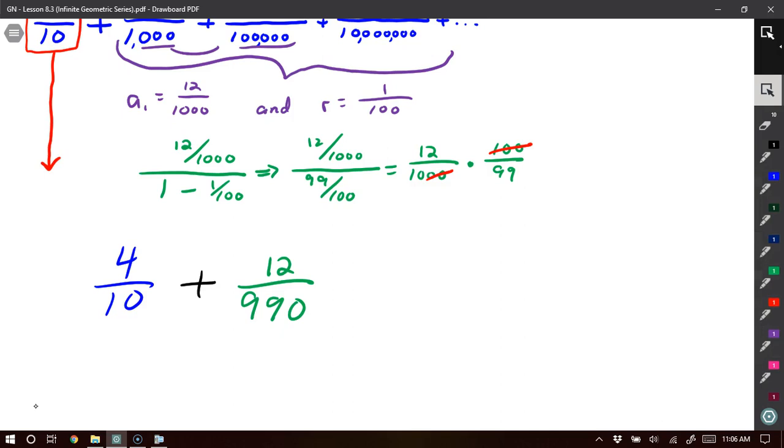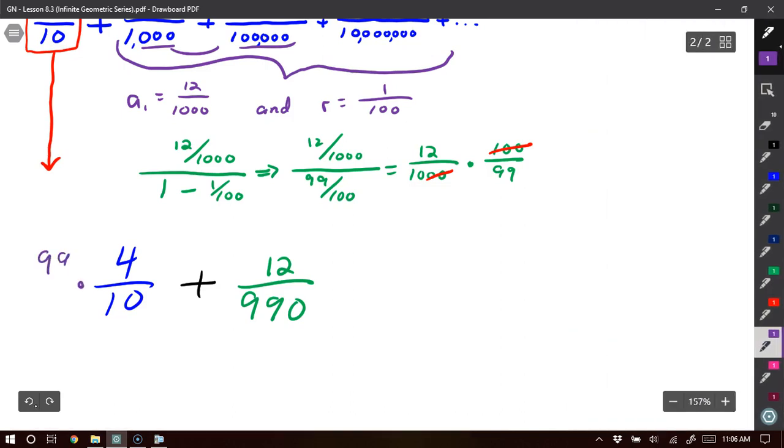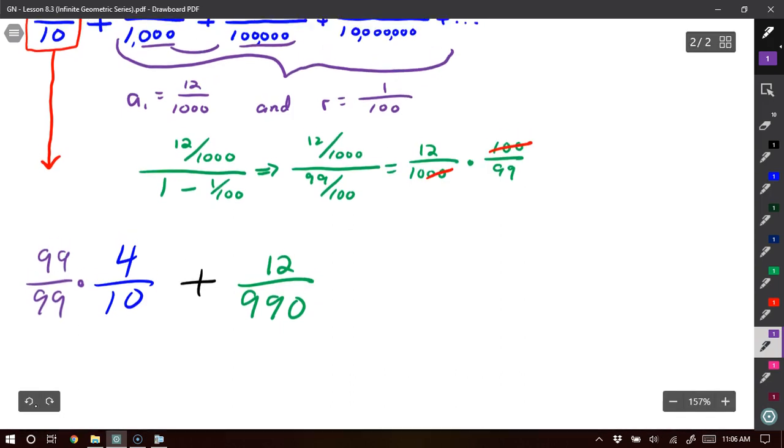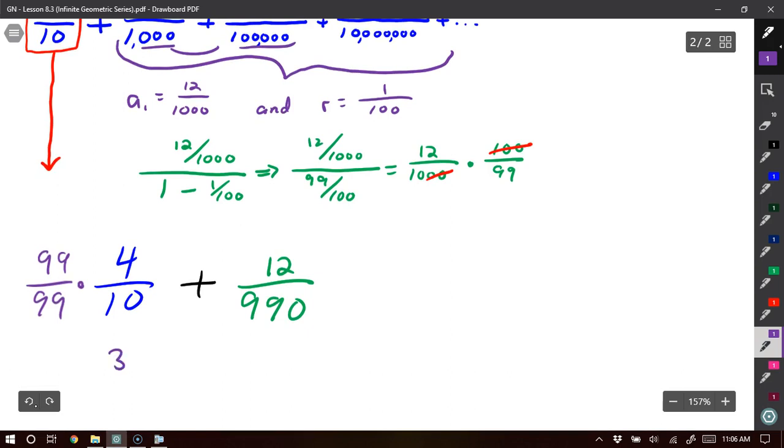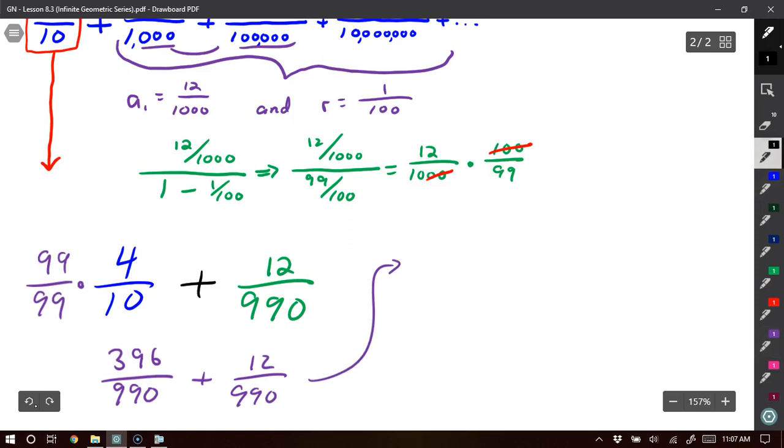In this case, I would multiply the top by 99 and the bottom by 99 so I can create that 990 in each of them. So I really have 396 over 990 plus 12 over 990, which is going to give me 408 over 990.